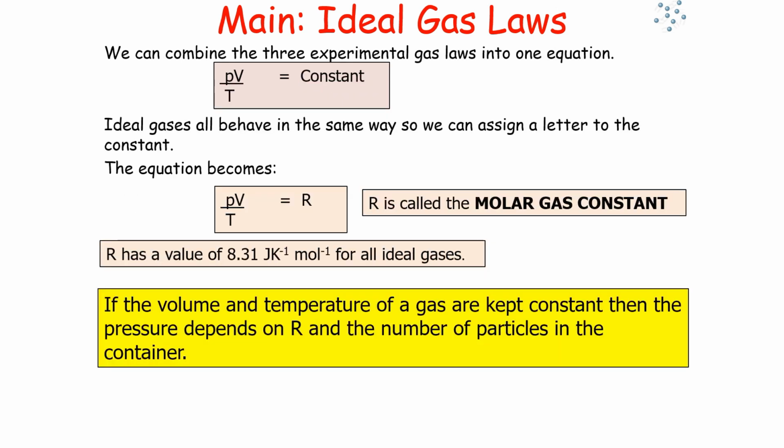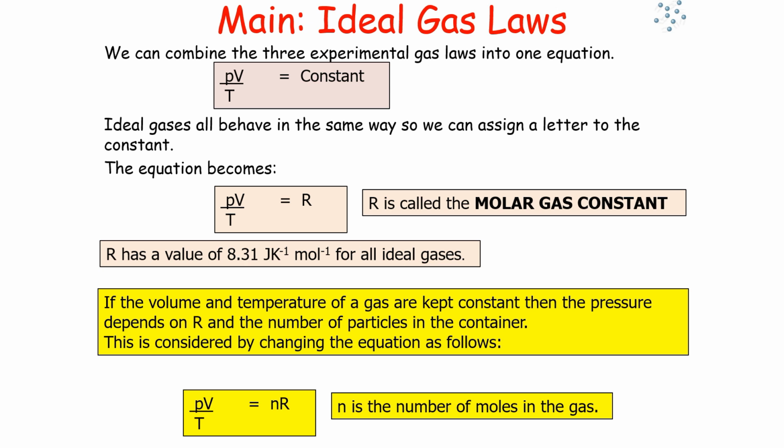So this tells us that if the volume and temperature of a gas are kept constant, then the pressure depends on R and the number of particles in the container. So we can write PV over T is equal to nR, where n is the number of moles in the gas.